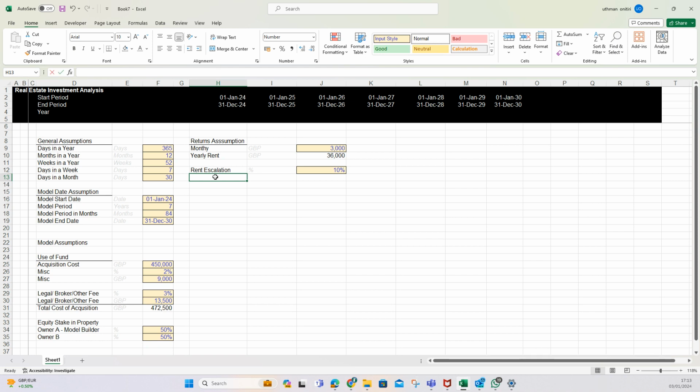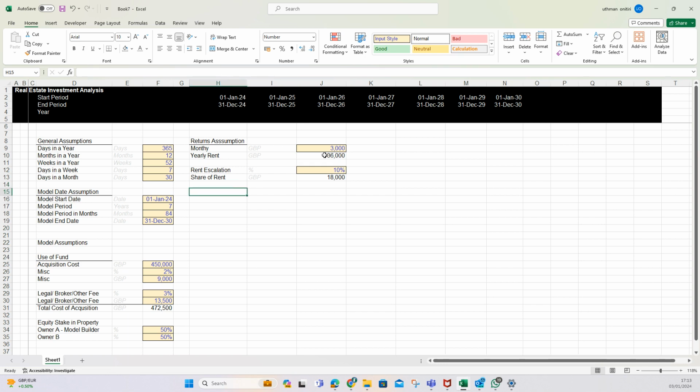What do I mean? So, share of rent, assuming rent was going to be shared equally, again, based on the equity contribution, which is the reality of the day. So, £18,000 per year is what is going to be coming to Mr. A.